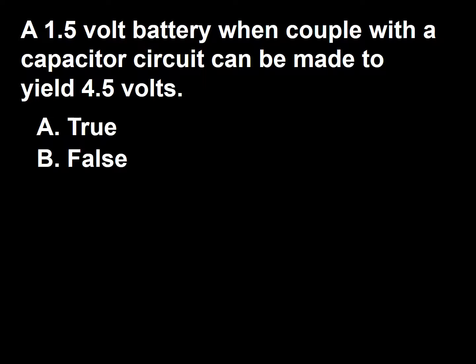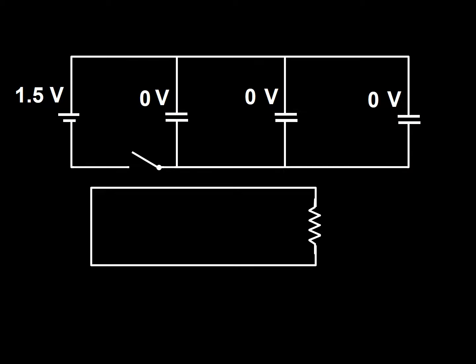Next question. A 1.5 volt battery, when coupled with a capacitor circuit, can be made to yield 4.5 volts. A true, B false. This frame represents a parallel capacitor circuit on top and a single resistor circuit on the bottom.